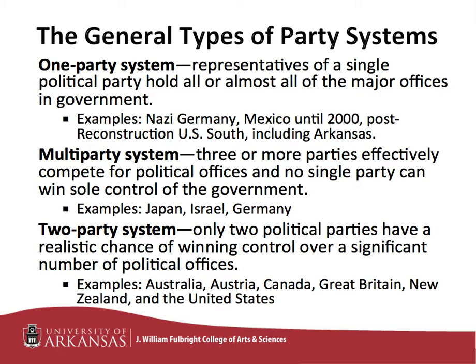With this, we see the examples of Australia, Austria, Canada, Great Britain, New Zealand, and the United States. Interestingly, Canada and Great Britain are often seen as 2.5 party states, in which there are political parties that move in and out of political control, but it's not as stable as the United States.